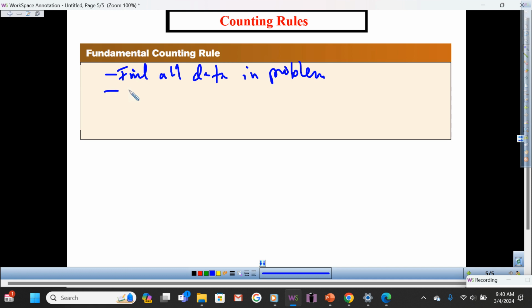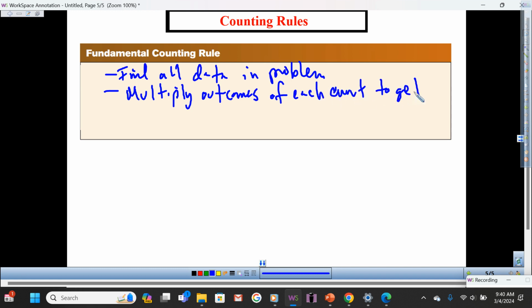And then multiply what? Okay, good start. Pass to someone. Outcomes of each event to get the total amount of outcomes. That is correct. Write that down, please. Multiply outcomes for each event to get the total number of outcomes.